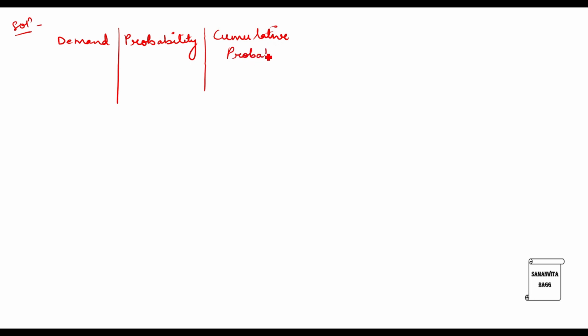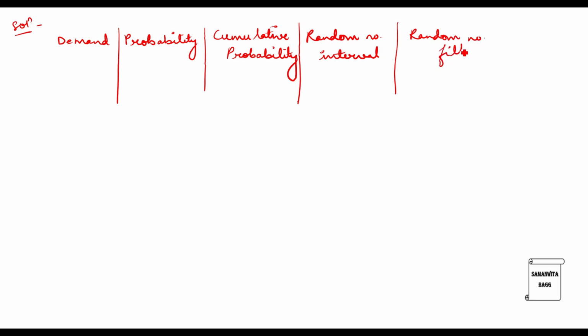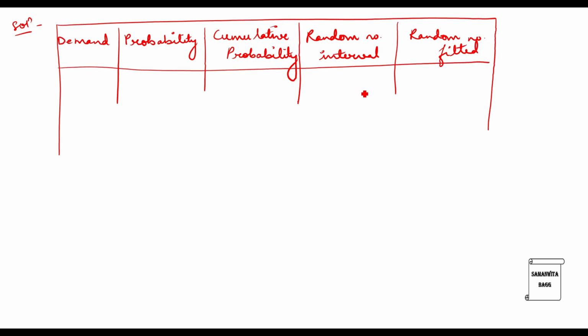I'll first prepare table 1 wherein we will have demand, then the probability, then the cumulative probability, then the random number interval, and finally the random number that is fitted in any one of the intervals.